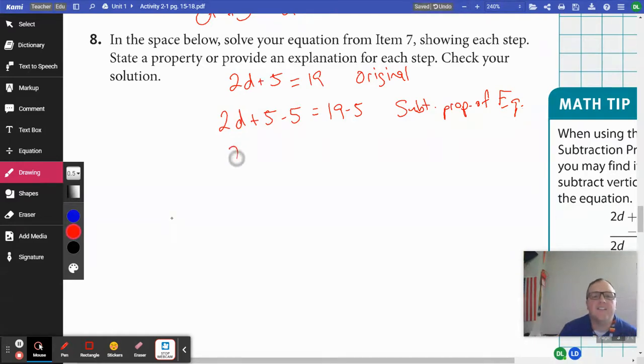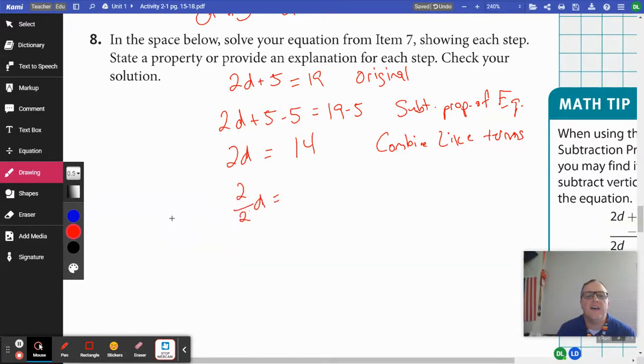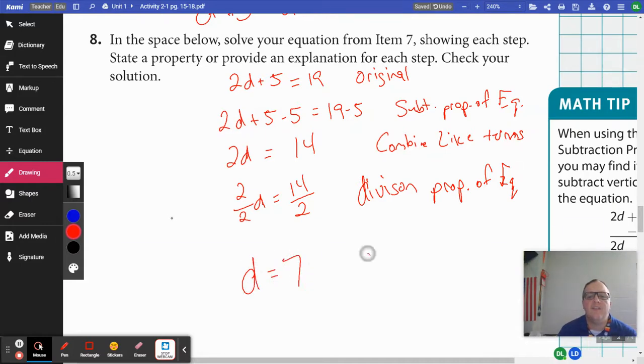Combine like terms to get 2D equals 14. Then you divide by 2 on both sides. That is the division property of equality. And then you just simplify to get your answer. 2 divided by 2 is 1, 1D. 14 divided by 2 is 7.